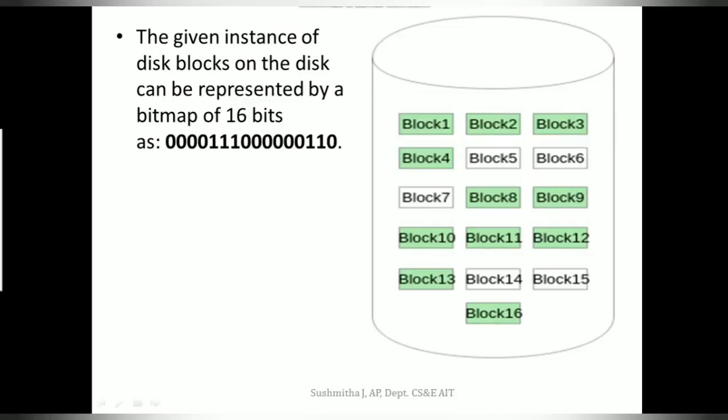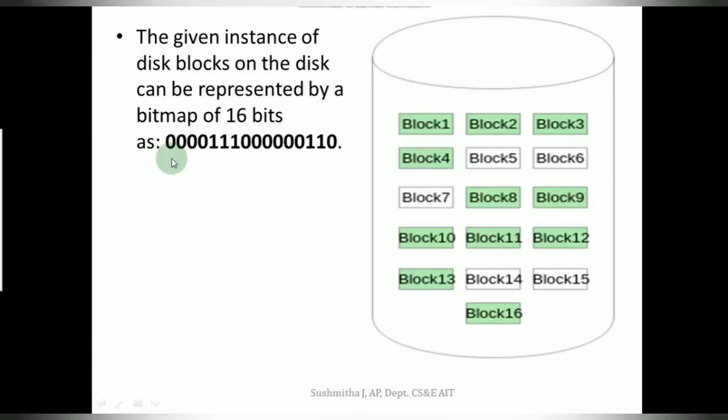So you can see here we have 0, 0, 0, 0, 1 and then 1, 1, 1 and again 0, 0, 0. Each bit is representing a block, and the value of the bit represents whether it is occupied or free.